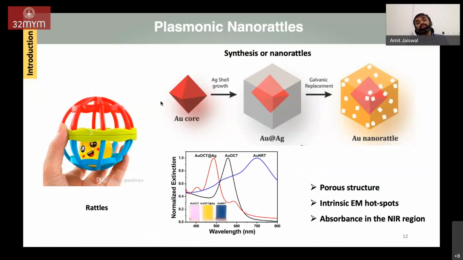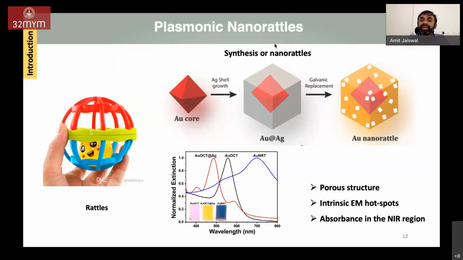Initially, we prepare a gold octahedral solid nanoparticle by following a wet chemical synthesis process, where we use a three-step seed-mediated growth process. Once the octahedron is prepared, we create a cubic shell around it using a silver precursor and a weak reducing agent, which leads to the formation of a cubic shell around this octahedron nanoparticle.